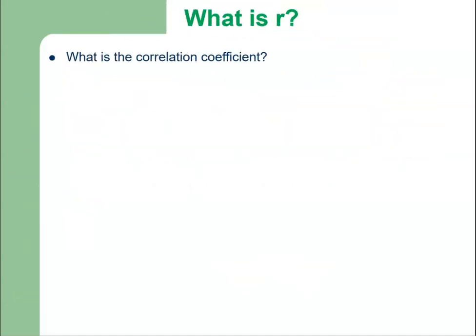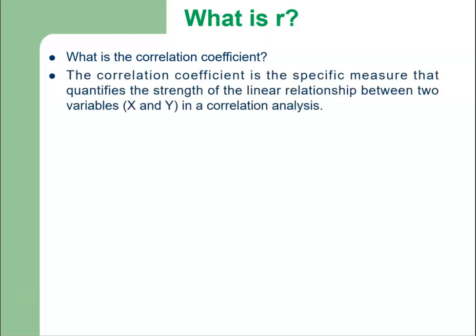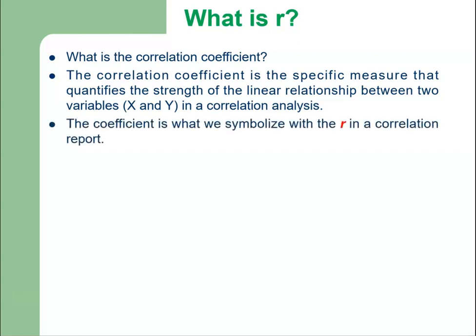A question is, what is correlation coefficient? It can be defined as the specific measure that quantifies the strength of the linear relationship between two variables x and y in a correlation analysis. The correlation coefficient is what we symbolize with a small letter r in a correlation report.